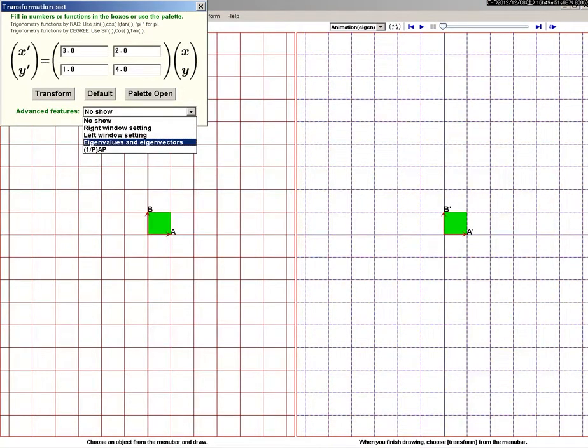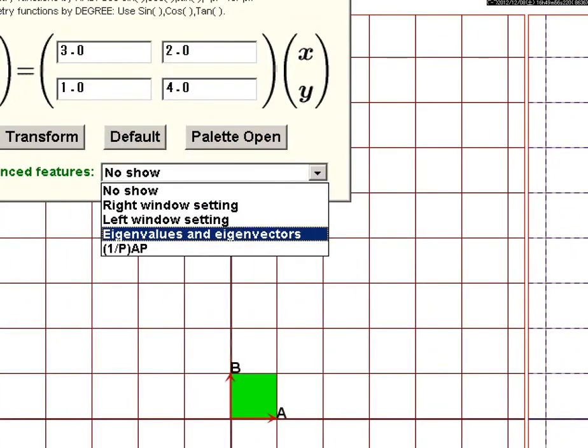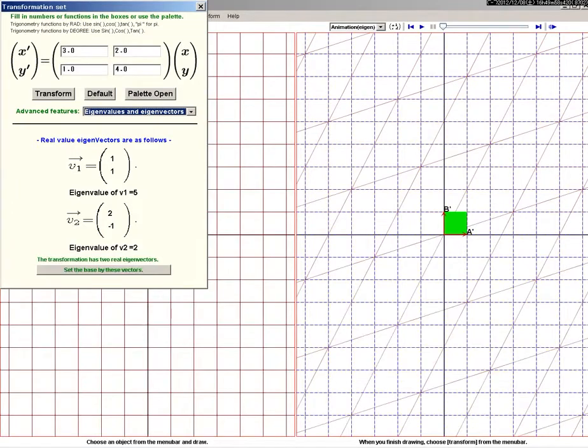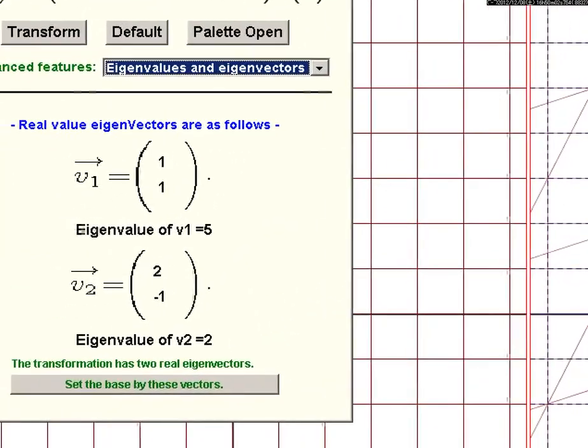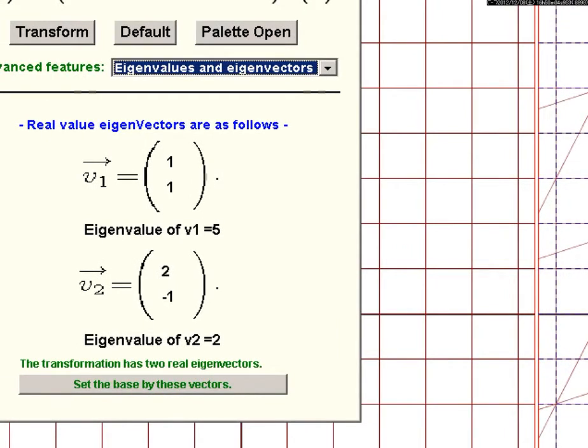You can calculate eigenvalues and eigenvectors from here. These are the eigenvectors and eigenvalues, and we are going to set the base by these vectors.